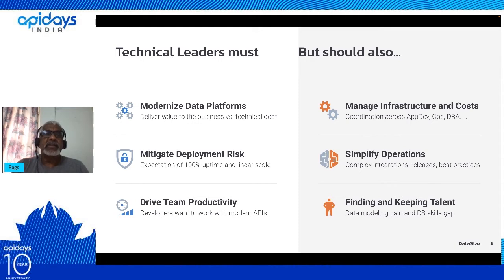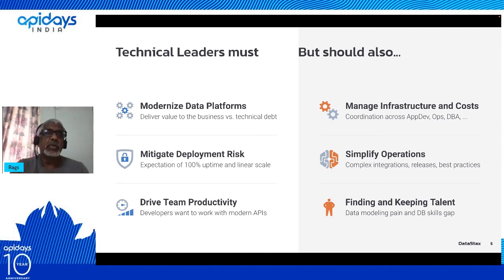If you look at this as a technical leader, I need to be able to modernize my data platforms. There are several forces that are coming together, right? But I need to be able to mitigate the deployment risk. That's why a lot of people have told me Kubernetes is great, because for some reason, if I don't like GKE, Google Cloud, I can move to Azure. And if you attend some of my other talks, you will see that I have multi-cloud demos and multi-cloud solutions running as well.